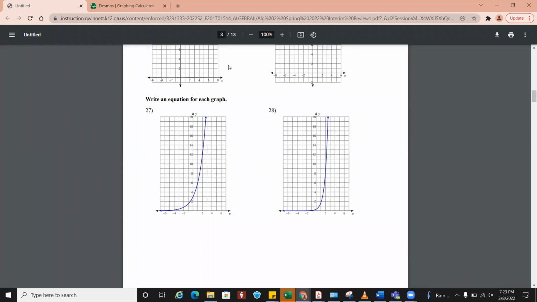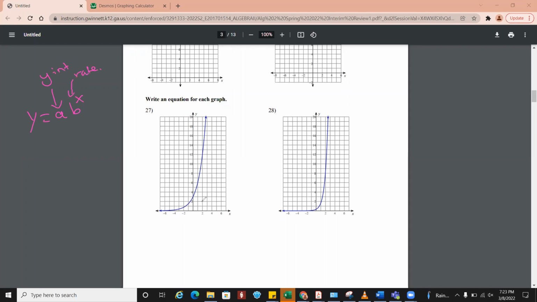Okay, so you're not going to be asked to write the equation for this. You'll be asked to identify the equation. So just keep that in mind when you're going through this. Okay, so when you write this equation though, this is an exponential. So that's always going to be in the form of y equals a times b raised to the x, where a is your y-intercept and b is your rate.